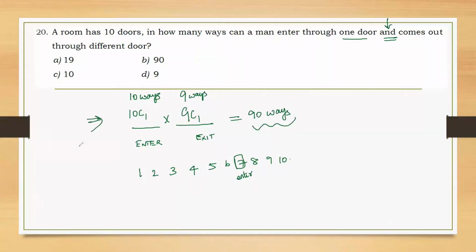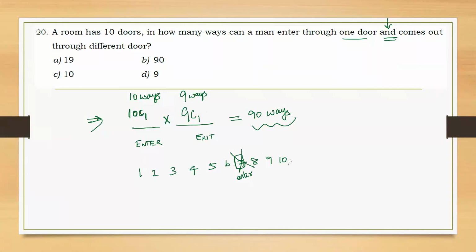Is it clear? But first you need to choose which door you must enter. Out of 10 doors, you must choose only one to enter. So 10C1, 10 ways. And for exit, you need to choose a different door. Out of 10, I already chose one to enter.